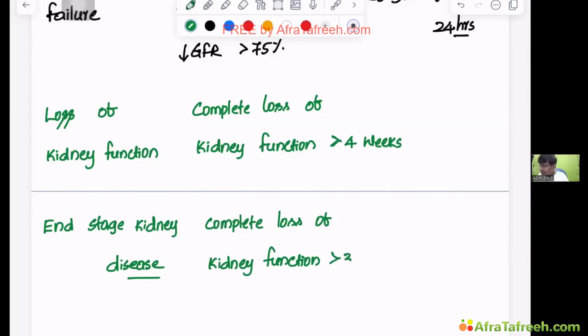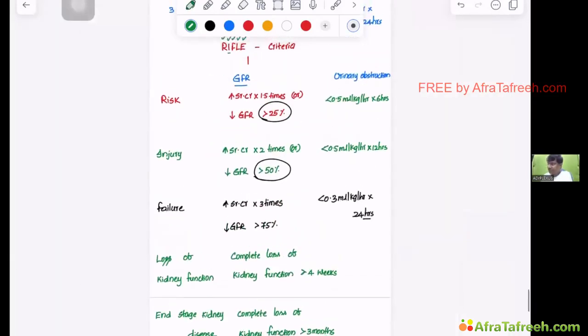For more than 3 months. So that is end stage kidney disease. Loss of kidney function is complete loss for more than 4 weeks. End stage kidney disease is complete loss of kidney function for more than 3 months. So this is the description of acute kidney injury based on RIFLE criteria: risk, injury, failure, loss of kidney function, and end stage kidney disease.